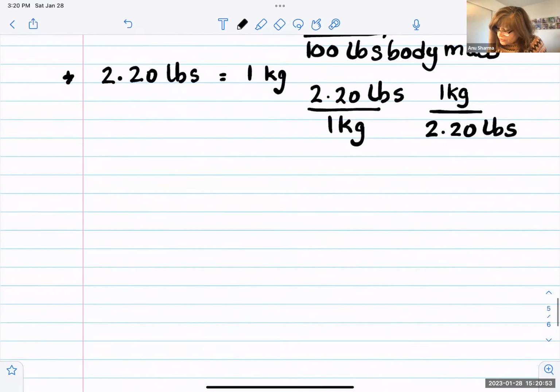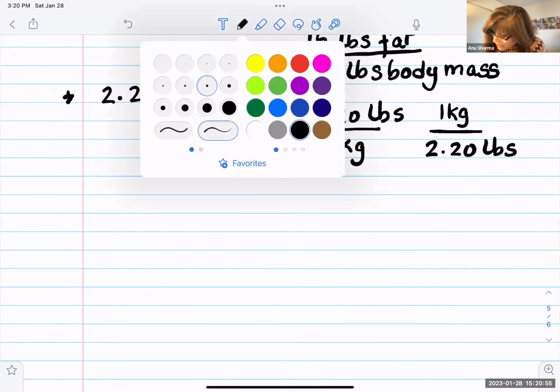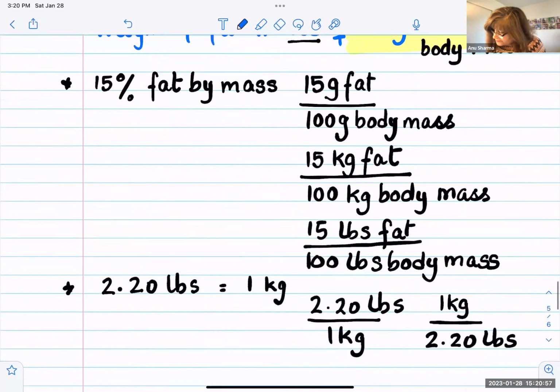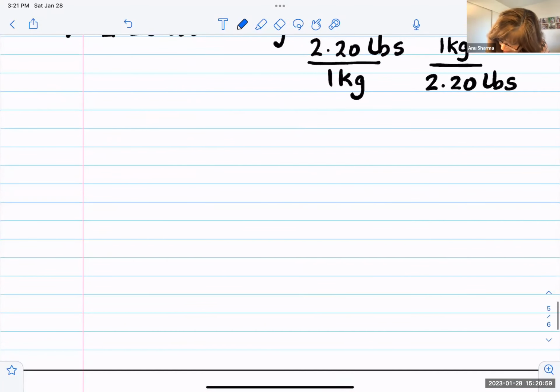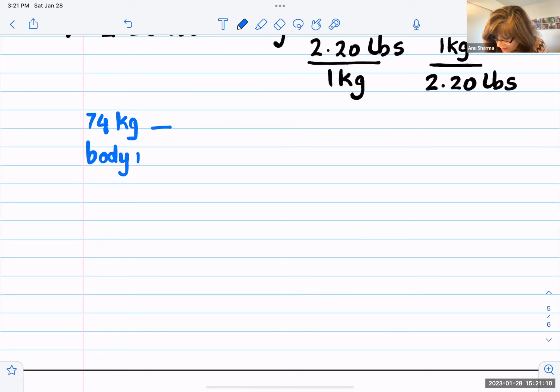So what is the strategy here? You are going to write down the known, which is 74 kilograms. First convert the kilograms of body mass, so we need to get rid of the body mass and convert that first to the mass of the fat.